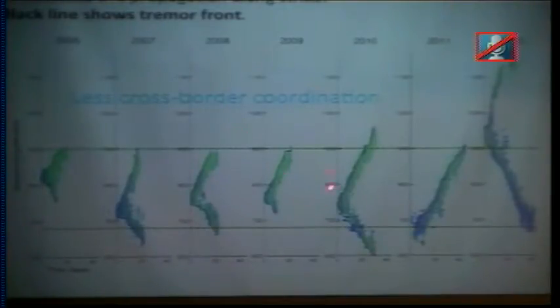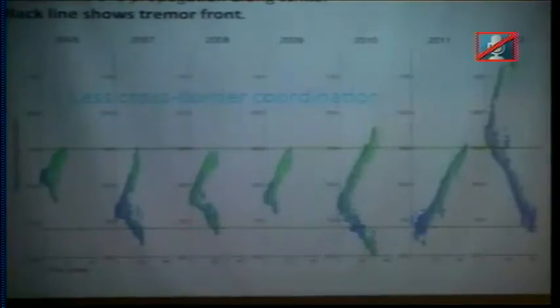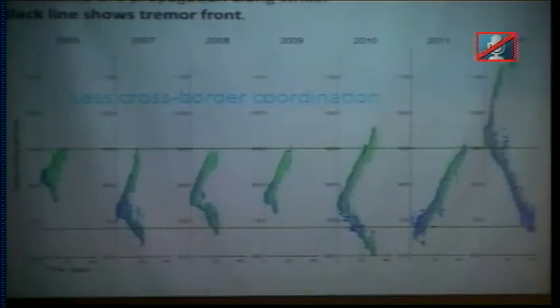Now, I want to focus in the region between these dotted lines along strike, which is about 100-kilometer region long, and which has been repeatedly swept by ETSs with a fairly simple structure.